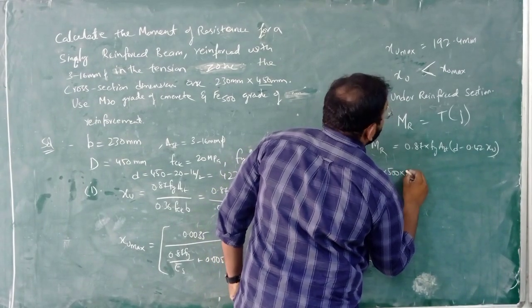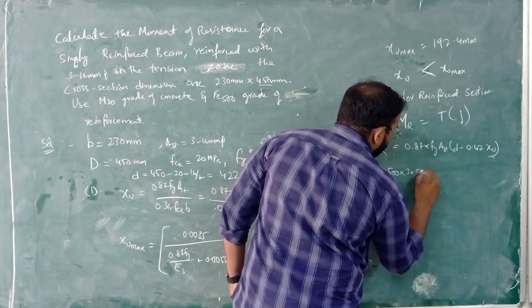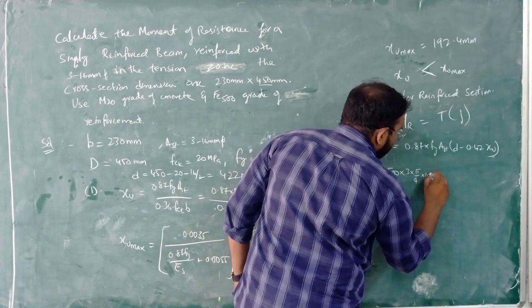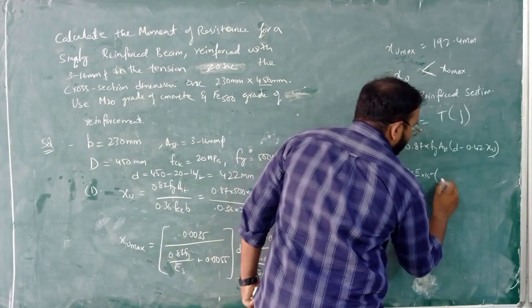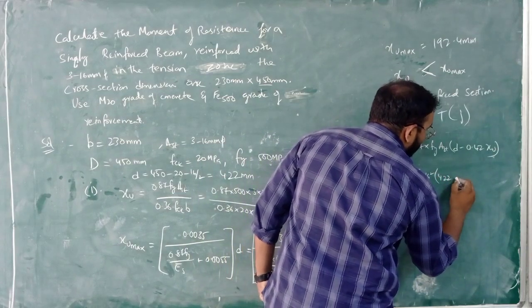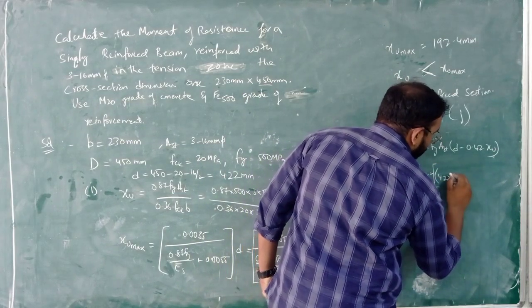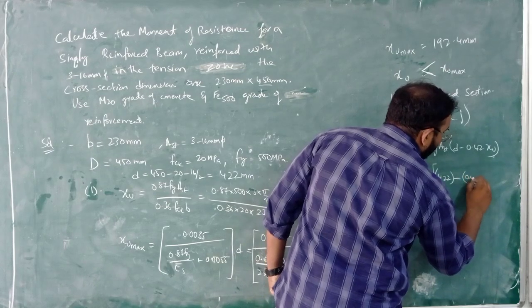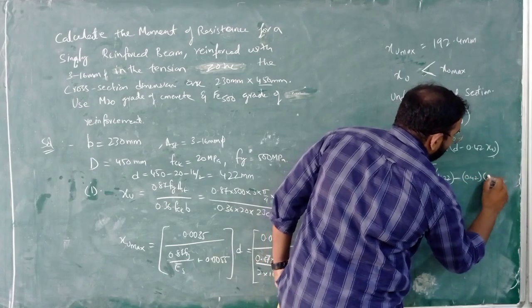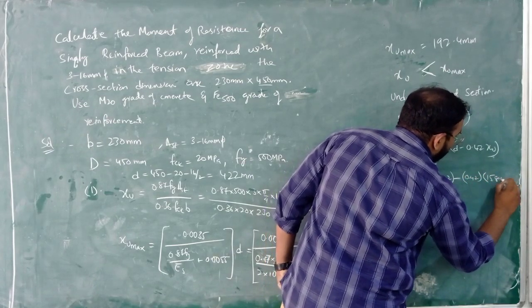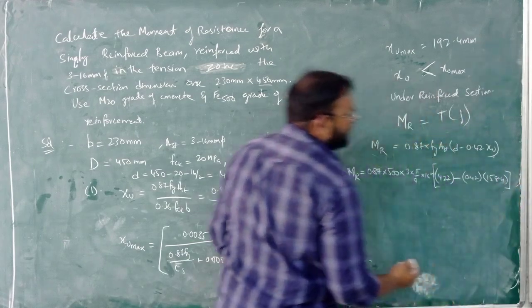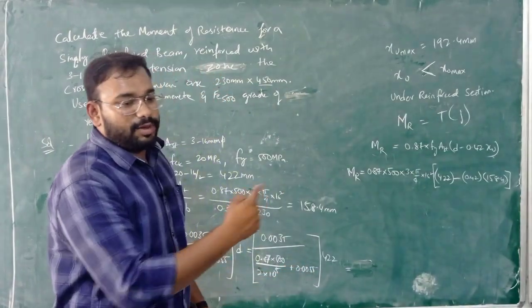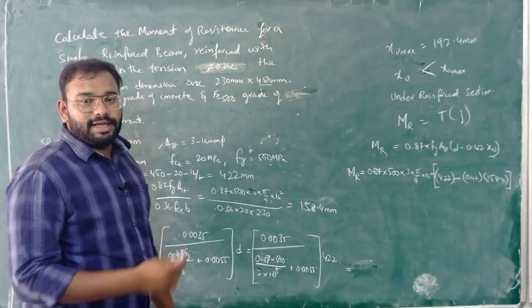So this will be equal to 0.87 into 500 multiplied by 3 into pi by 4 into 16 square multiplied by 422 minus 0.42 into xu, which is 158.4. I'll write it once again.